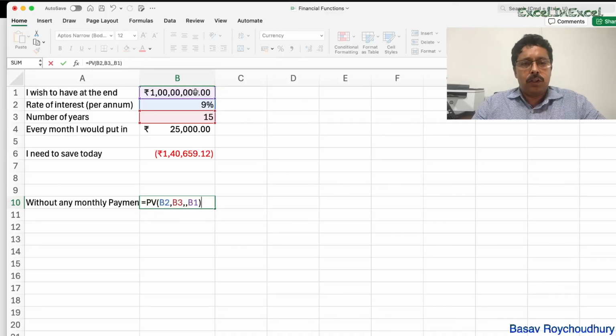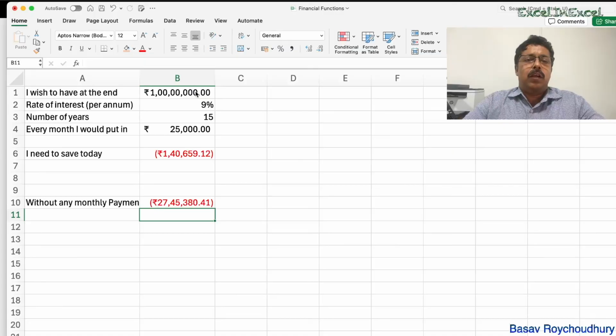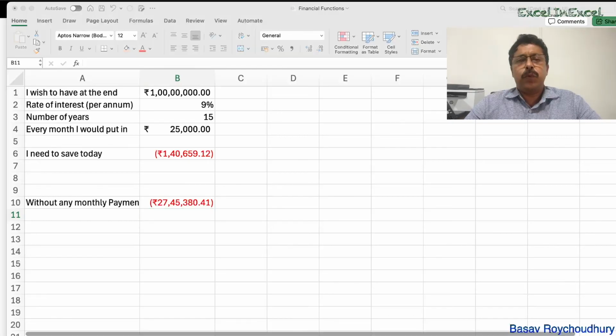So today I'll need to deposit 27,45,380 in an instrument for 15 years, which will give me 9% interest per annum, if I want that at the end of 15 years I should have 1 crore in my kitty. These were some of the Excel functions that we looked at.